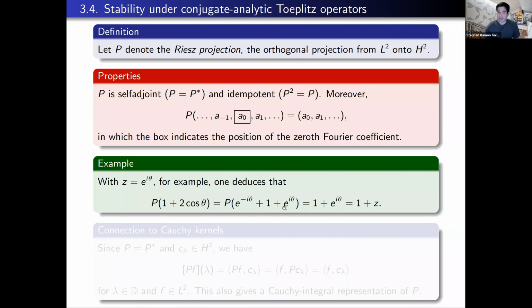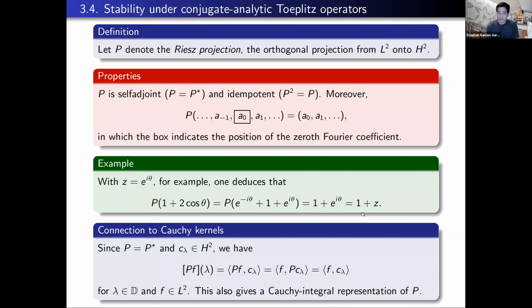So now I've got my Fourier series. I've got a negatively indexed Fourier term, and the Riesz projection is going to kill that off. So I just get 1 plus e to the i theta, or in terms of complex variables, 1 plus z. So you see we can project something in capital L2 and recover an analytic function in capital H2 from it.